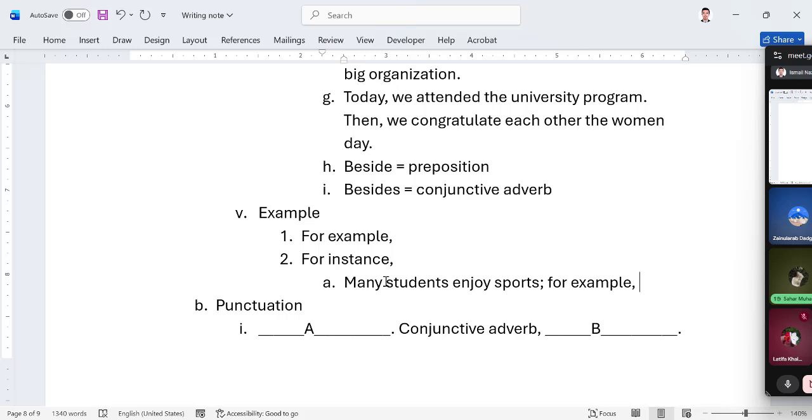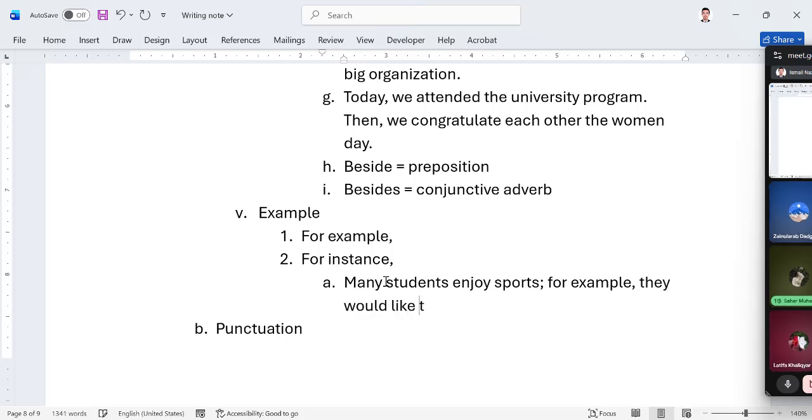That is correct. But when usually we connect ideas, we better use complete sentences. If you have phrases, instead we use such as or like. They're used for phrases. So for example, they would like to play soccer or basketball. Like that.